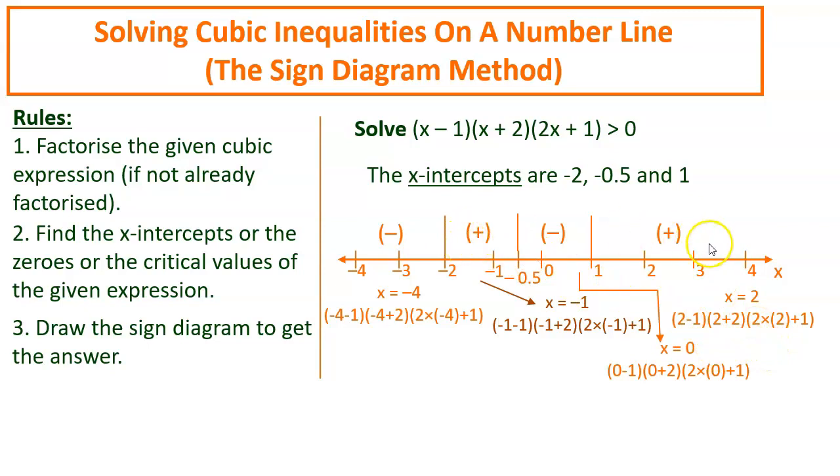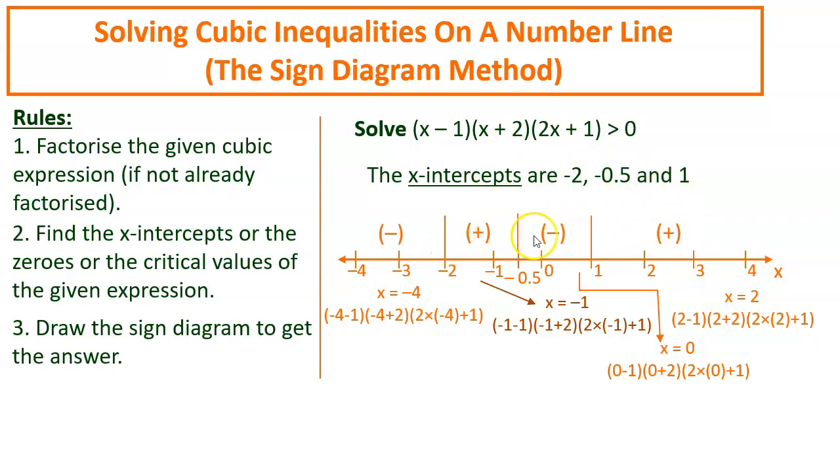So these two regions, between negative 2 to negative half and above 1, are giving us positive products. So these two regions will be included in our solution set. Okay, this is how we use the number line method or the sign diagram method, where we divide the whole number line into different subregions. And the division is done by getting the x-intercepts.